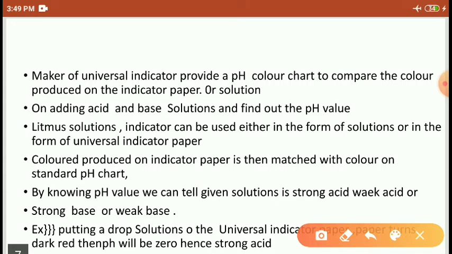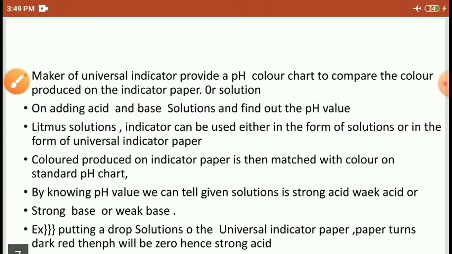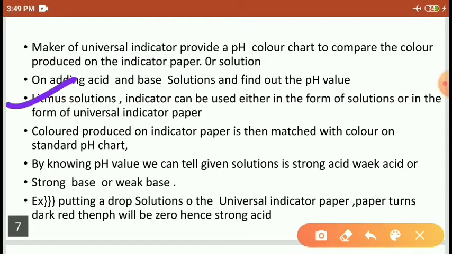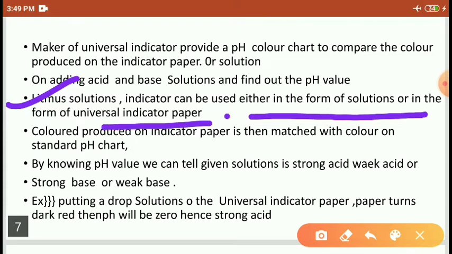So adding acid or base solution, we find the pH value with the help of indicator paper. So sometimes we use different types of indicators here. The litmus solution indicator is used either in the form of solution or the universal indicator paper.